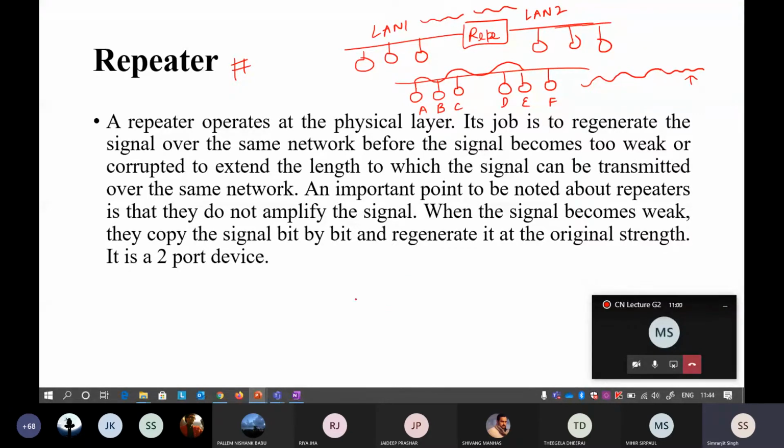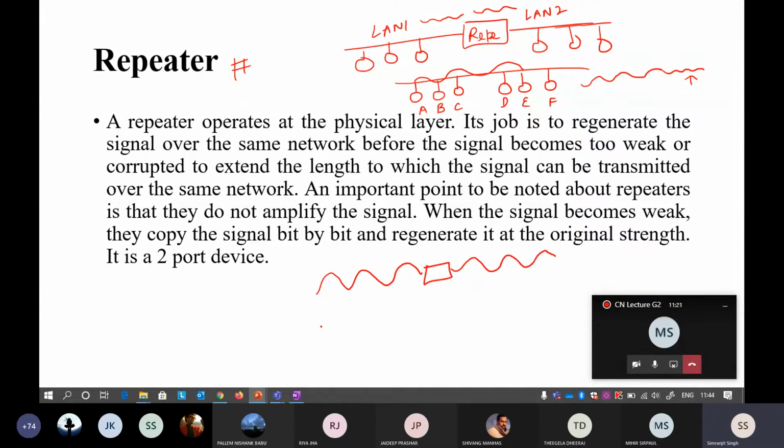It is very important that you decide where to put the repeater. Suppose the signal is like this and you put a repeater here, so the signal that comes out of this repeater will also be like this.